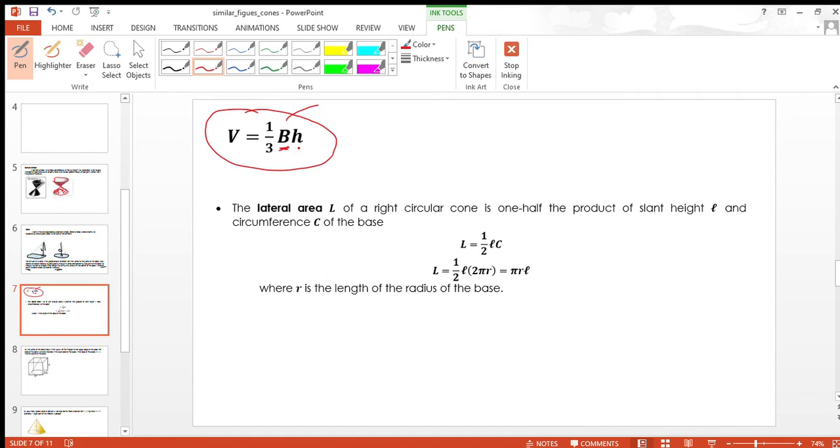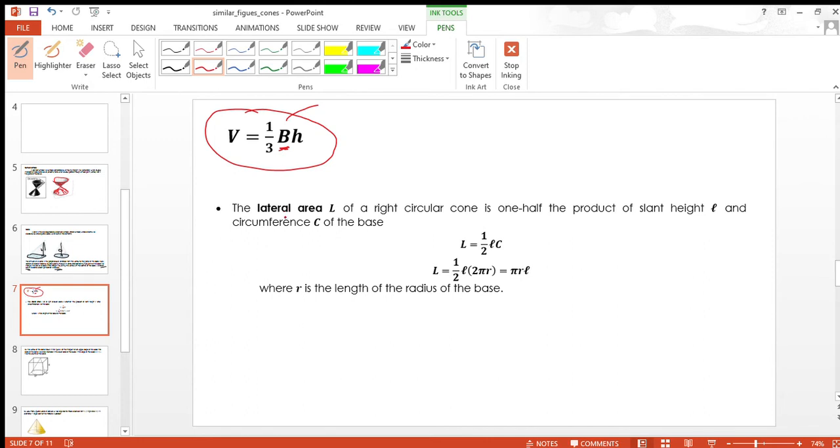Looking at the formula, it is the same as that of the pyramid. Only the area of the base changed. This time our base is a circle.